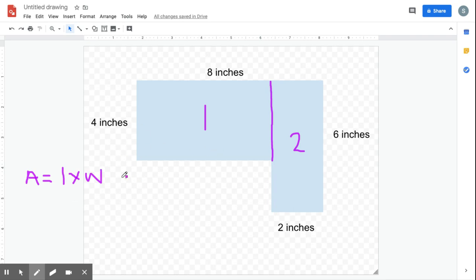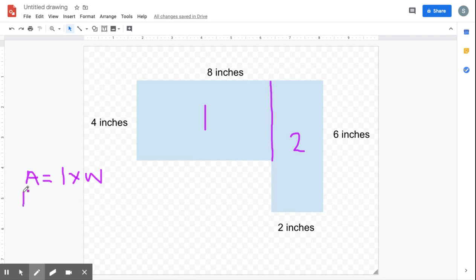Since we have a composite shape, we have two different shapes to use, and before we're all done, we have to add these two shapes together to get the total area.